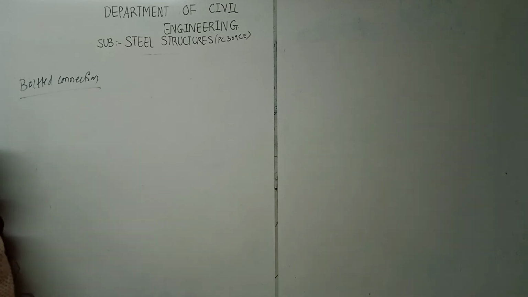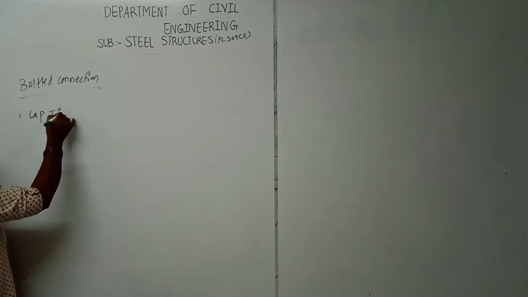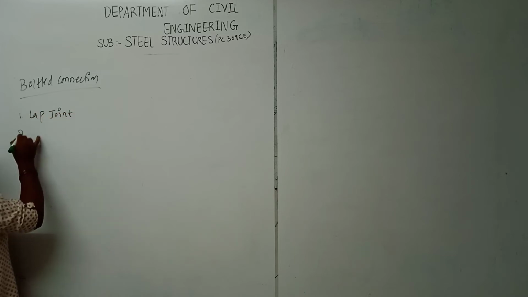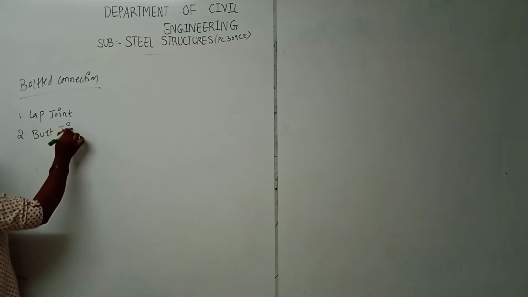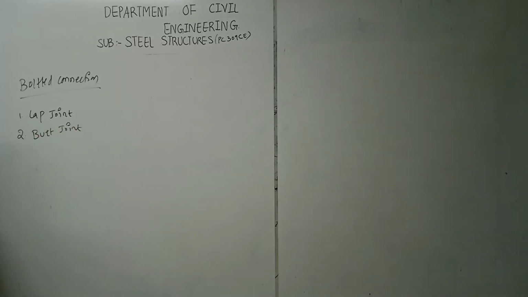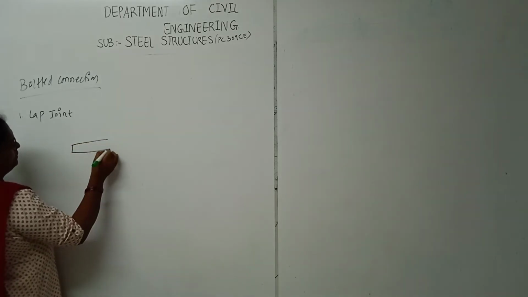Under the bolted connections you have two types of joints. One is lap joint, another one is butt joint. First we will study about the lap joint. Here you have one steel plate.